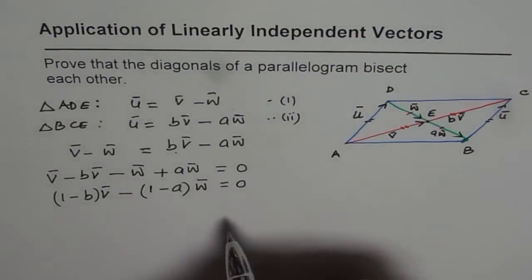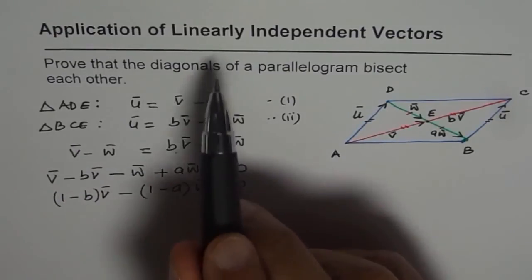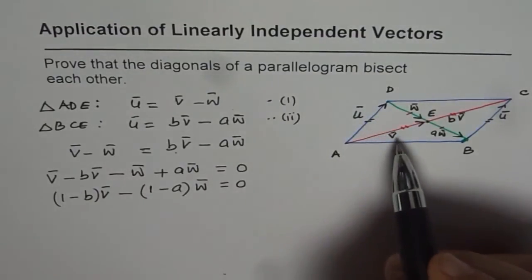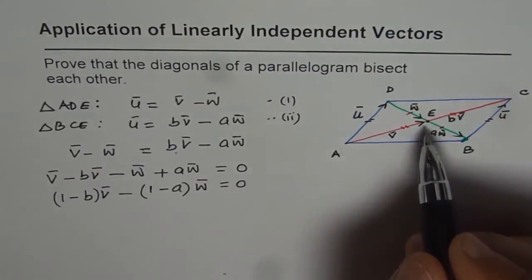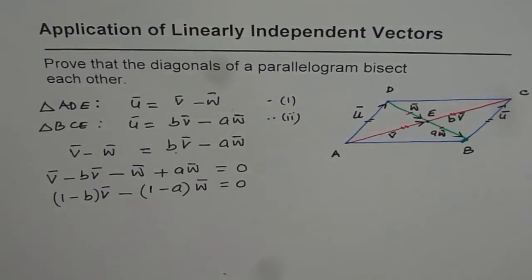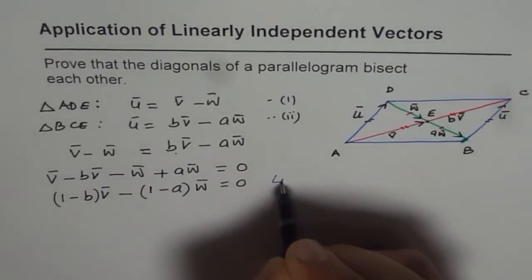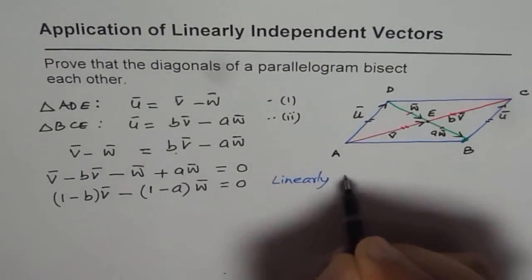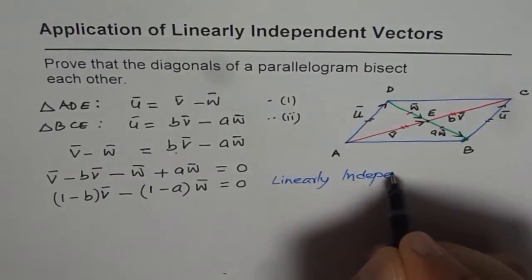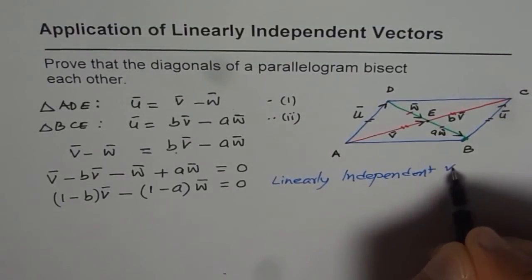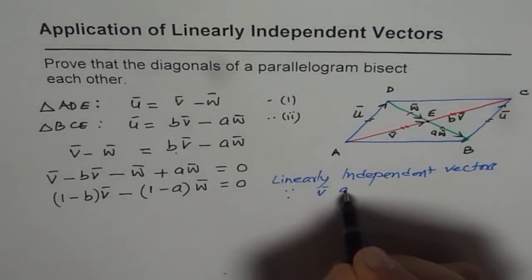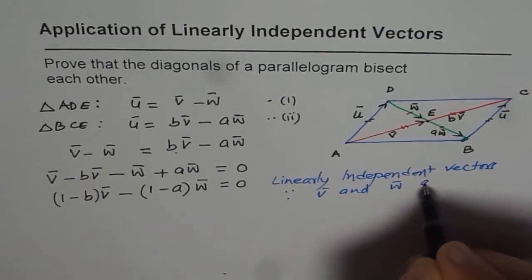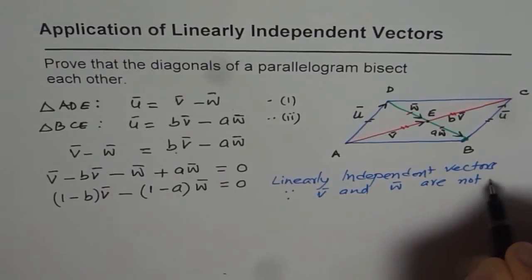Now in this particular scalar equation, we know V and W are not parallel. Since V and W are not parallel, they are linearly independent vectors, right?